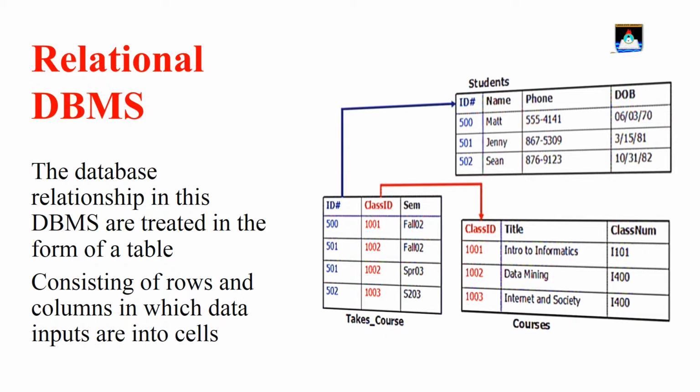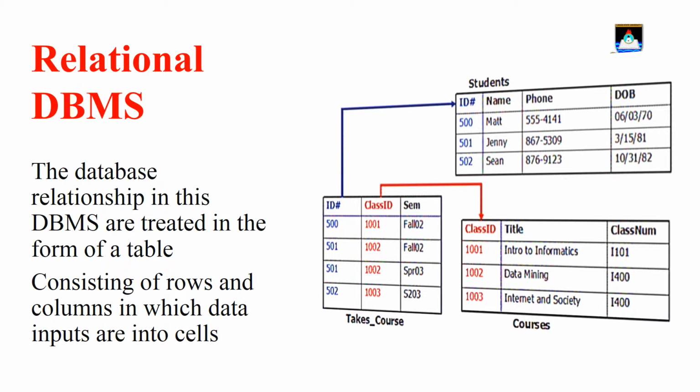Now, the class ID 1001 can be seen to be attached to the course title Intro to Informatics. Now, this shows that under the database of class courses, or courses offered in a class, courses offered by students of 101 in fall 02 includes math.